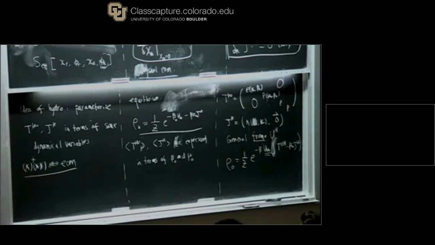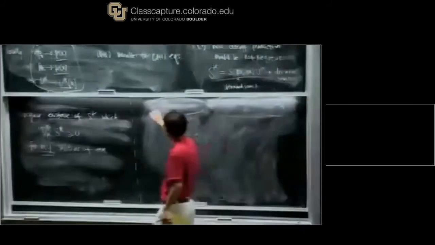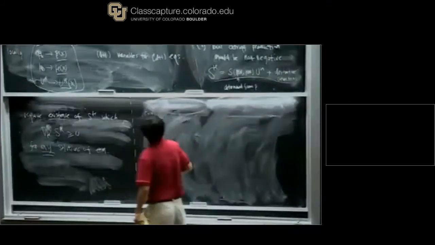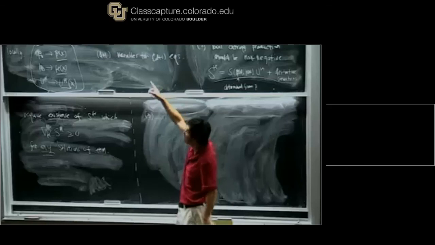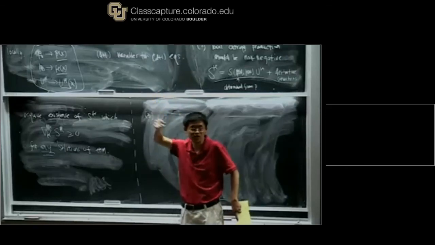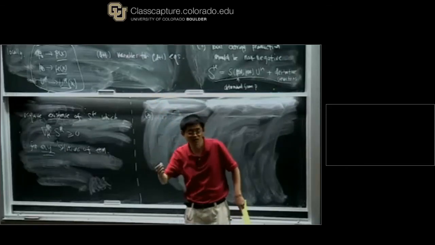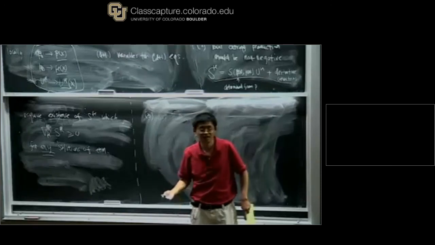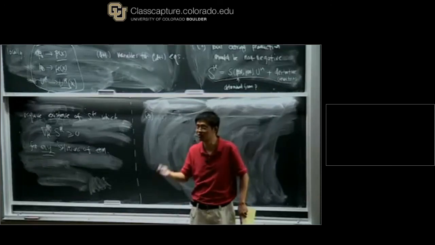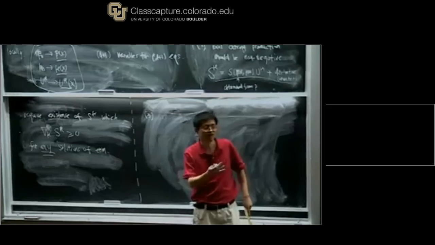And the third thing you actually need to do, also imposed by hand, is you need to turn on some external source for those T mu and J mu, and then you solve for the linear response. After you solve for the linear response, you require the linear response matrix to be symmetric.